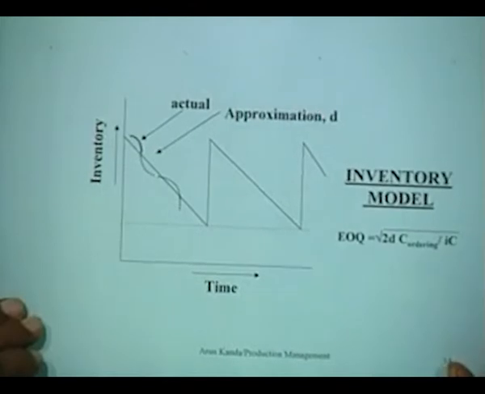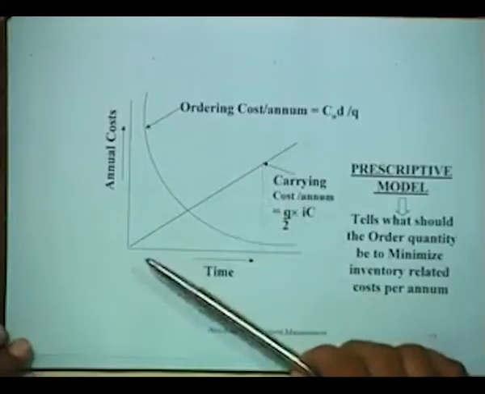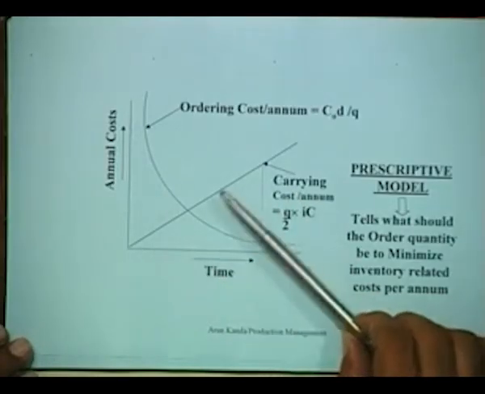So it becomes a prescriptive model. It prescribes for management what they should be ordering to minimize the overall cost in that sense. And once you have this information, you can in fact see how the two major types of costs involved are the carrying costs.